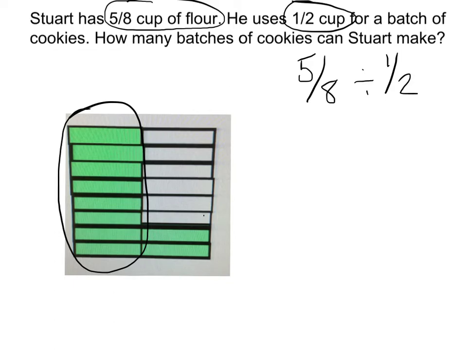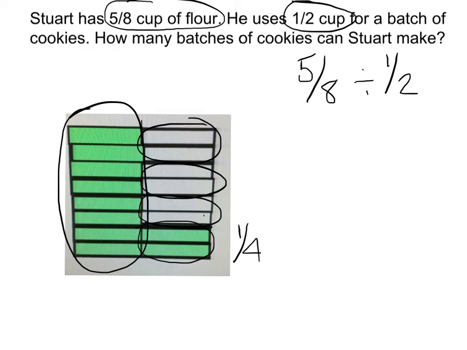Well, what part of 1/2 is this that we have left over? Well, if we take our 1/2, we can see that it divides evenly into 4 sections of that leftover size. So that means this leftover size represents 1/4 of a 1/2 cup, which is 1/4 of our size. 1/2 cup is our size, 1/4 of that.